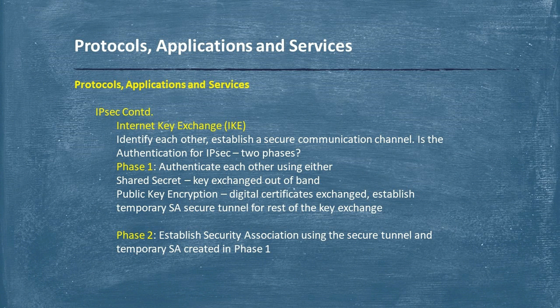Whenever a secret key is involved, exchanging is a problem, but we assume that the key has already been exchanged. Otherwise, if public key encryption is used, then no issue. Digital certificates are exchanged, and a temporary SA secure tunnel is established for the rest of the key exchange. In phase 1, the authentication. In phase 2, establish the security association using the secure tunnel and the temporary SA created in phase 1.